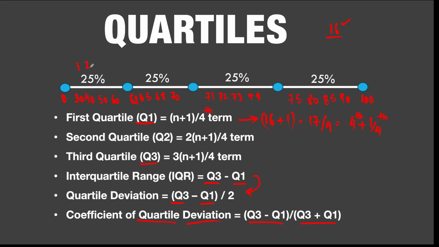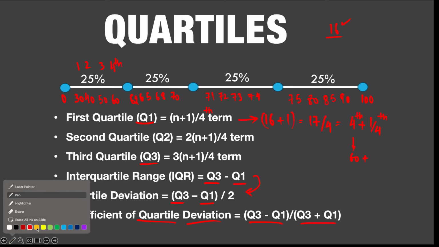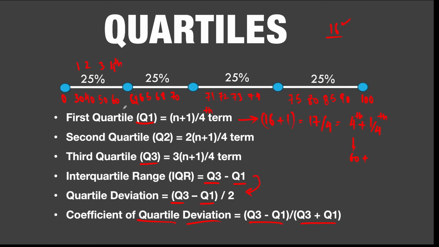30 is the first term, 40 is the second term, 50 is the third term, 60 is the fourth term. So I have found my fourth term. Now I need to go ahead 1/4 time. That journey of 1/4 needs to be traveled between 60 and 62, between the fourth and the fifth term.